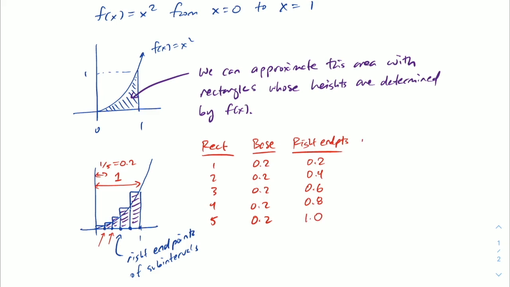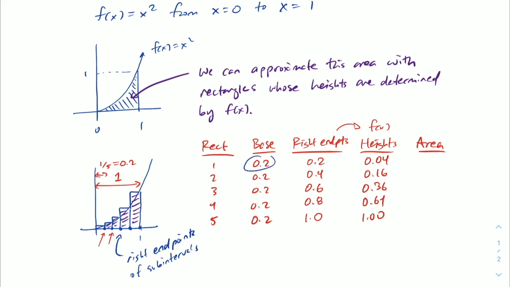All right, now let's find the heights of these rectangles. We're going to take these right endpoints and plug them into the function to find the heights. If we put 0.2 into the x squared function, we'll get out 0.04. If we put 0.4 in, we'll get 0.16, and so on. Then we can find the area of each of these rectangles by multiplying the height times the base.